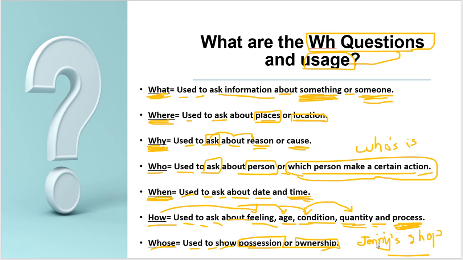Why? Because the apostrophe here shows the ownership of one person. So Janie's shop, Leo's mask, Narirat's mask.